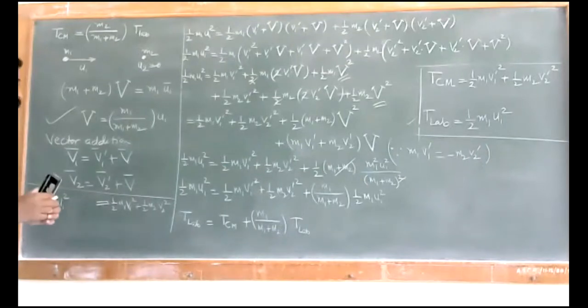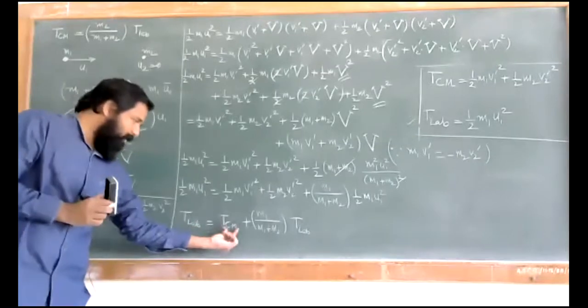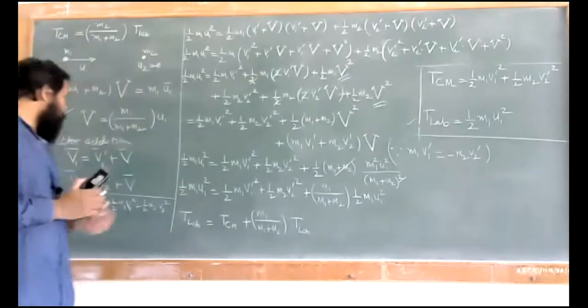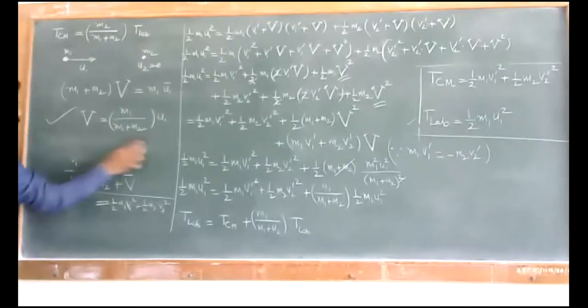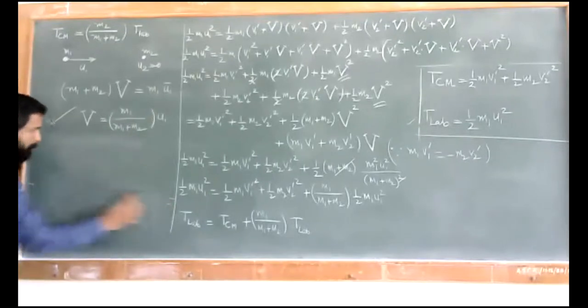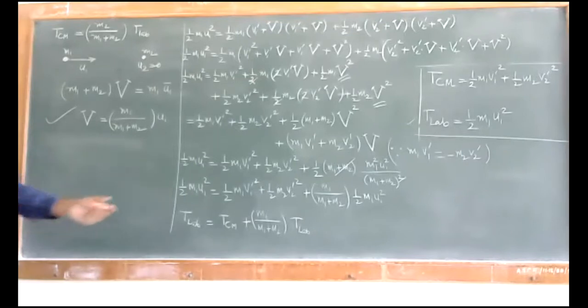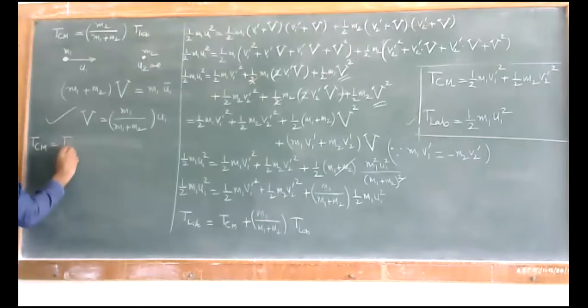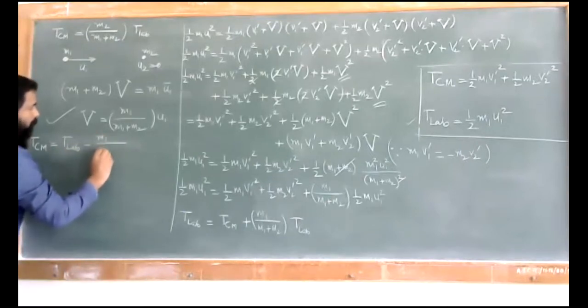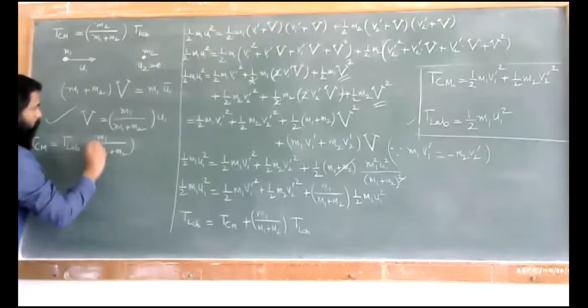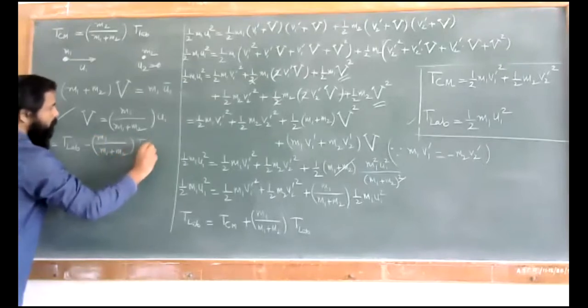What we want is T CM on the LHS, and then we can find the values. So for this, I will transfer this to your LHS, and I can write the value of T CM, which is equal to T lab minus m1 divided by m1 plus m2 multiplied by T lab.